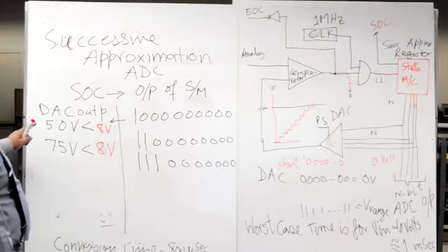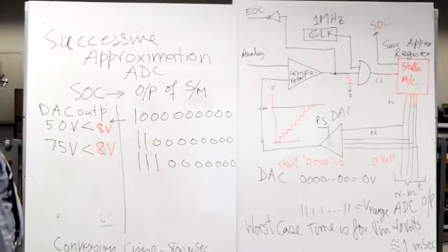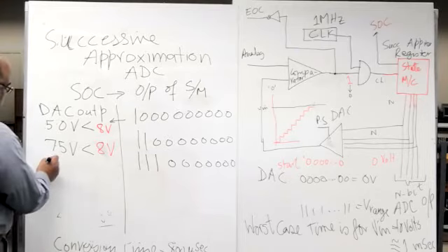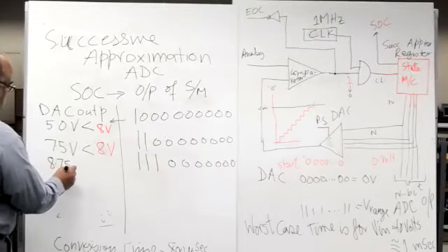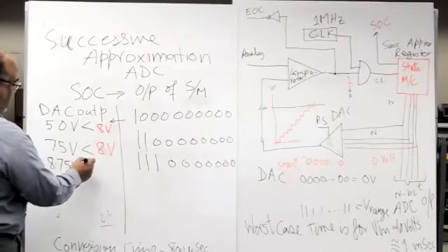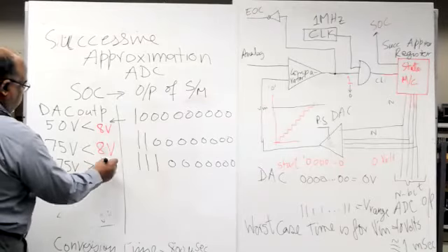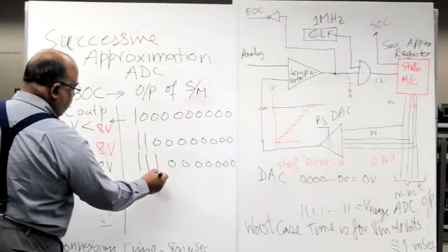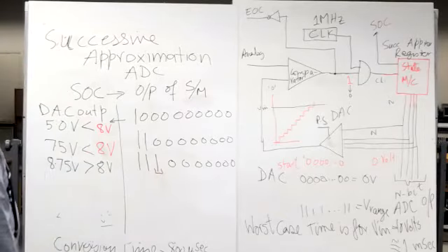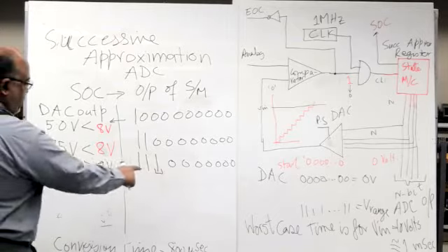That will be 8.75 volt, which is greater than 8 volt. That means this bit should not be present in this. So the successive approximation circuit will bring this back to 0.